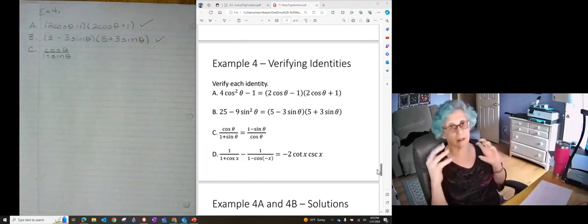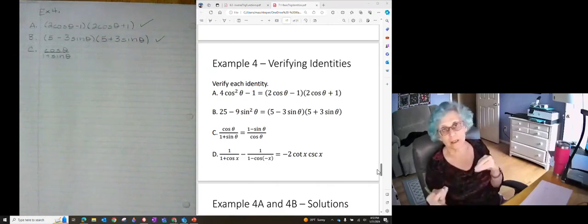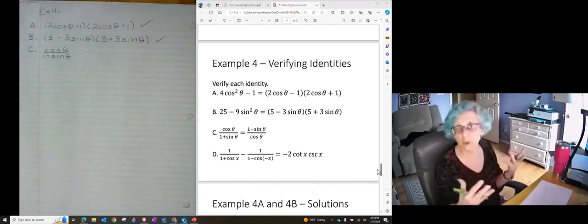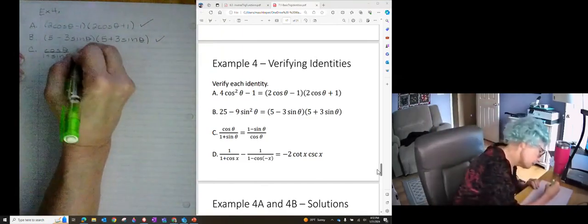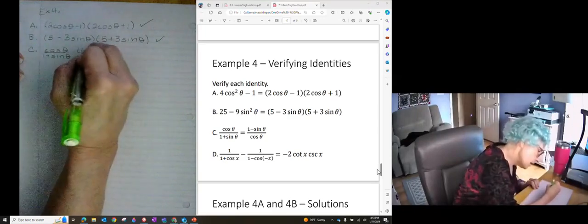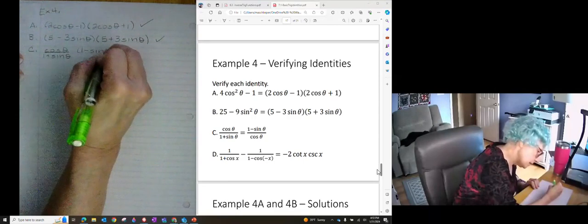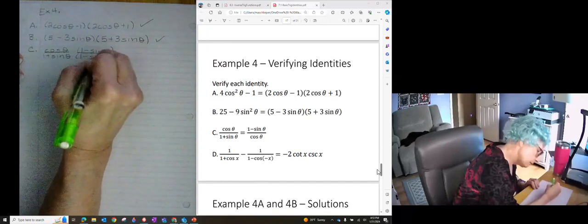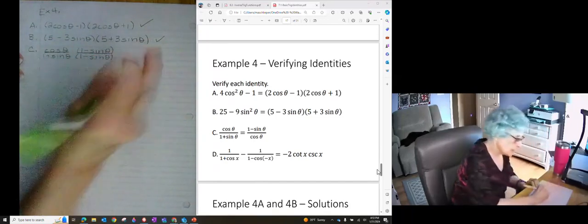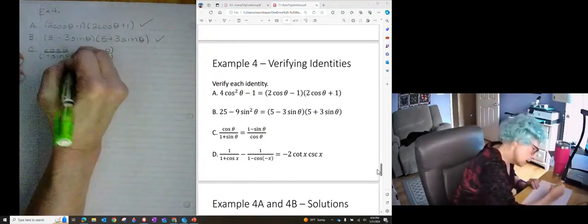That's one of our common things that we do to verify an identity or solve an equation, is to multiply by 1 in a strange way. So if I do this, I would multiply by 1 minus sine theta. Now, why would I do that? Because then I would have a difference of 2 squares down here below.